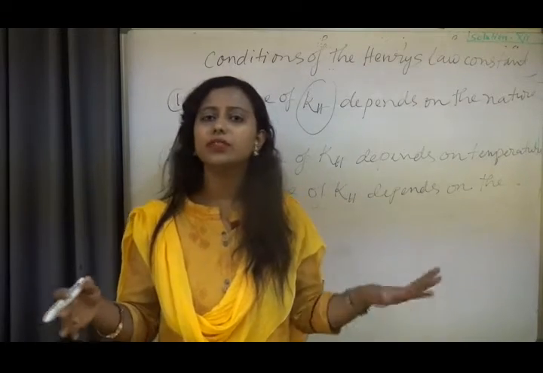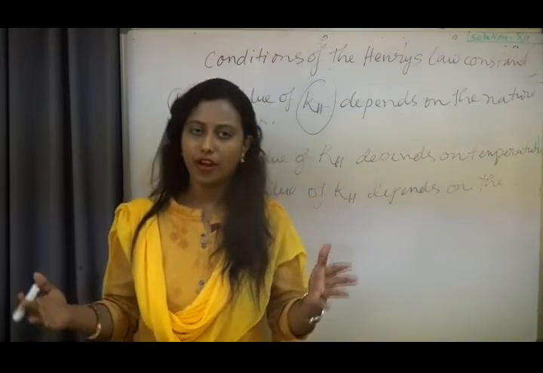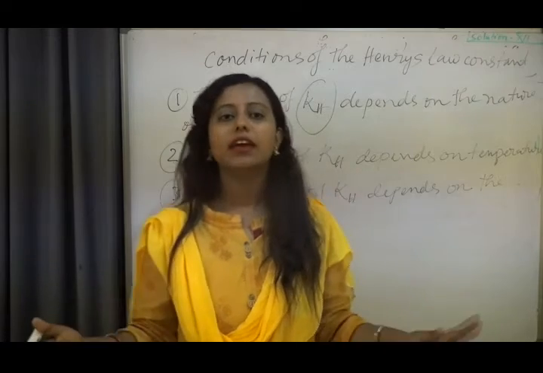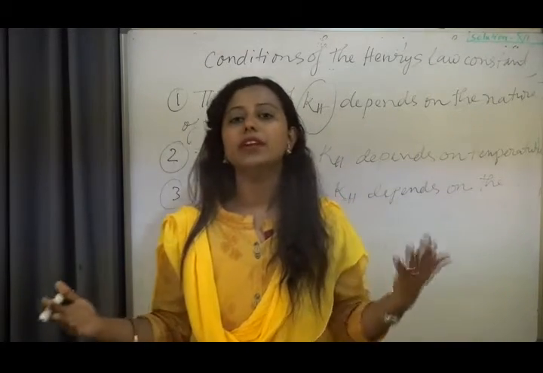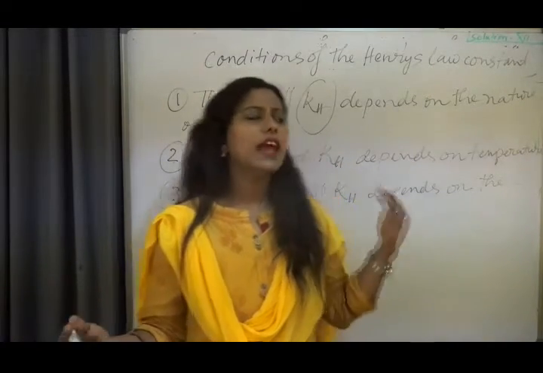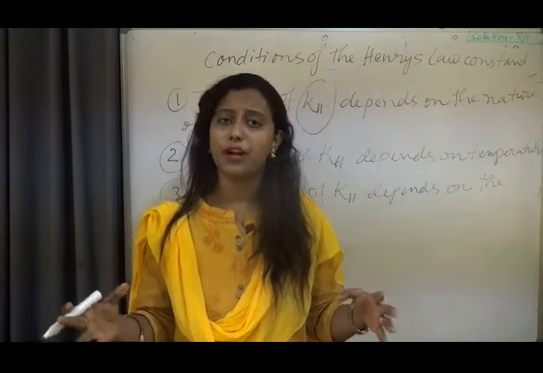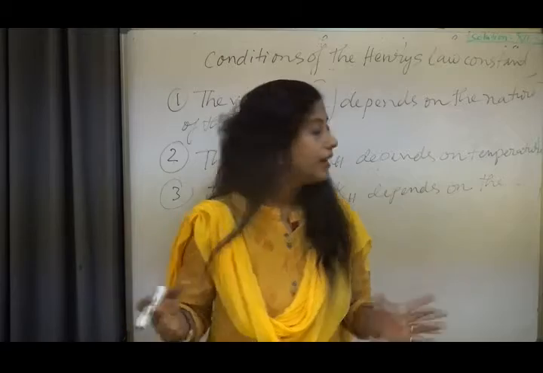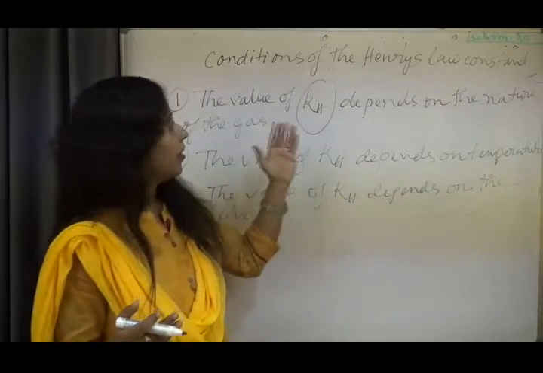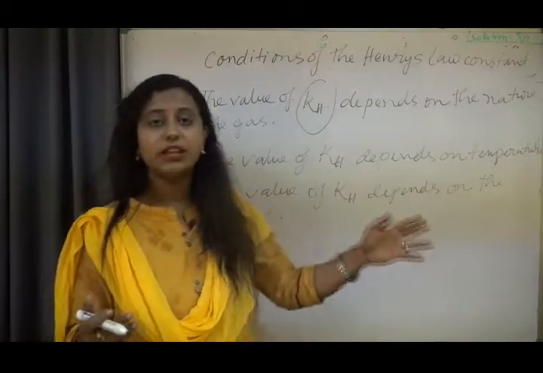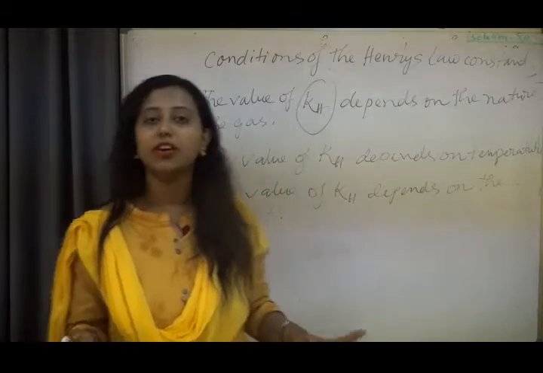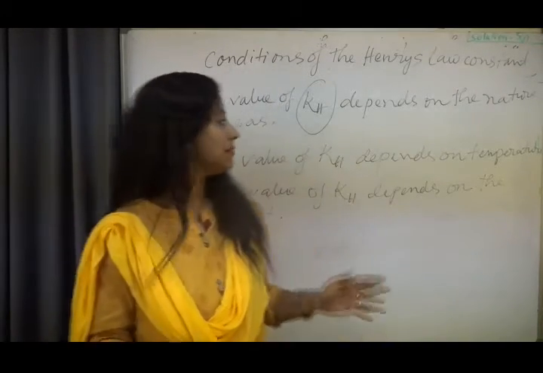The properties of carbon dioxide are not equal to hydrogen, and similarly not equal to nitrogen. So there is a difference in the intrinsic property of the nature of the gas. Depending on this nature, the proportionality constant, the Henry's law constant, varies.